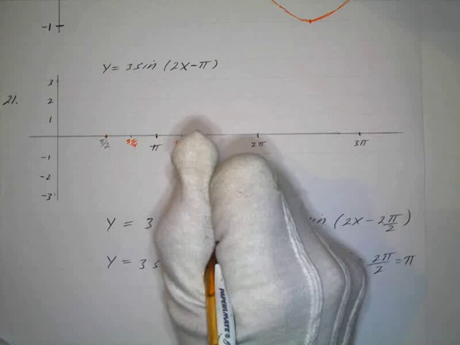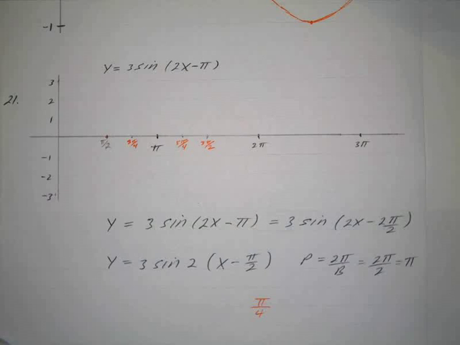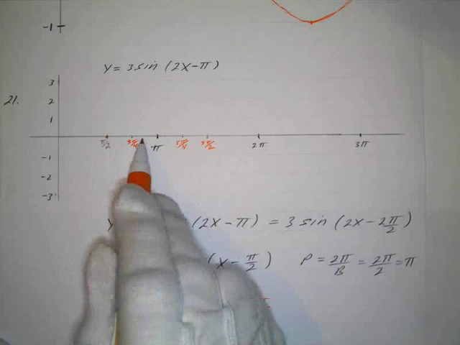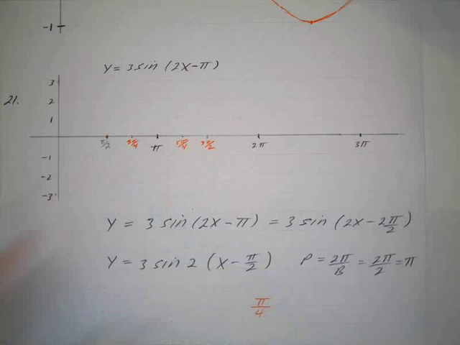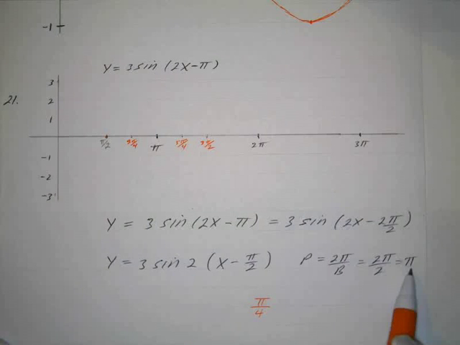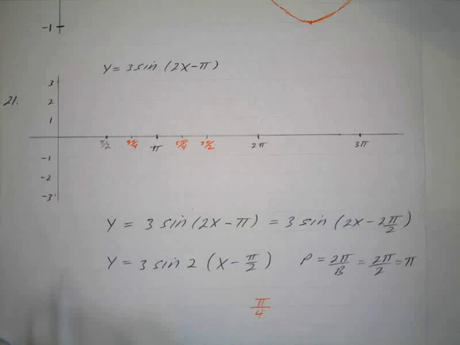And 6 pi over 4, or 3 pi over 2, the same thing. Now, those would be my 1, 2, 3, 4 subintervals, and it's shifted over to pi over 2. So it starts at pi over 2 because of the shift, and because of this period, it's only going to be pi long. So those would be my 4 subintervals.